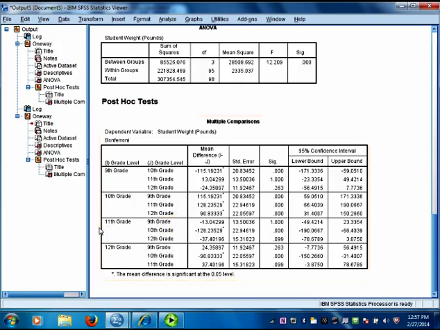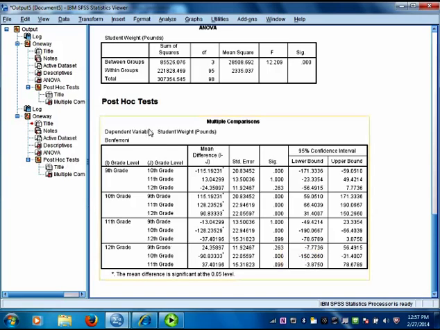And from the 11th grade, we need to compare 11th grade with 12th grade. For 11th grade and 12th grade, the p-value is too large to be significant, because this is larger than 0.05. This is 0.099. So in this case, we can say there is no significant difference between 11th graders and 12th graders on average weight.